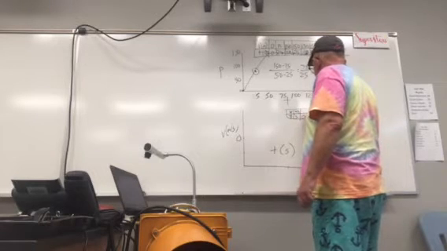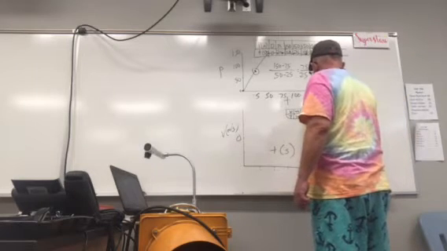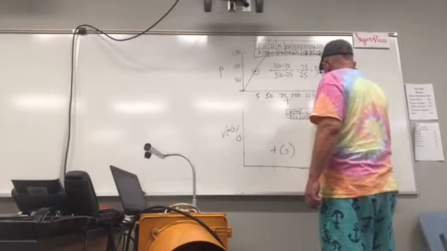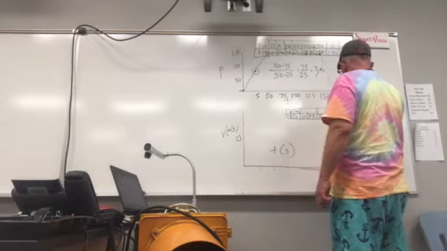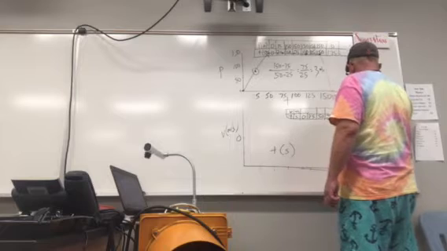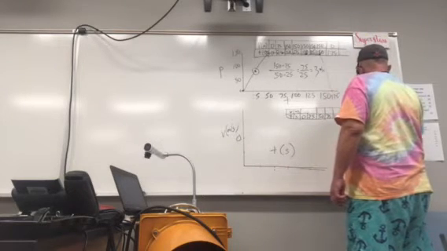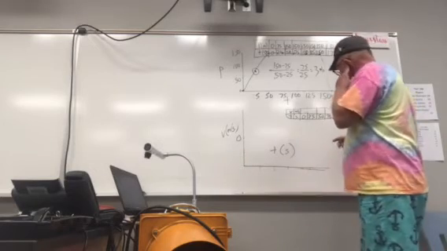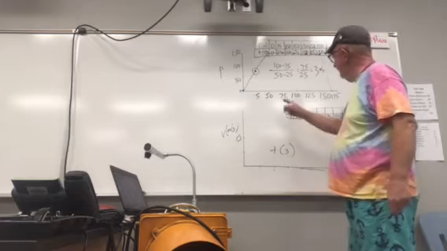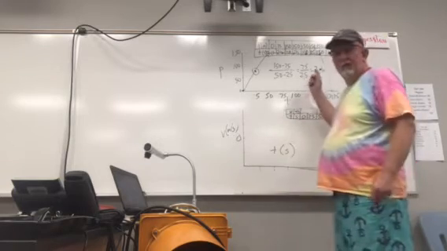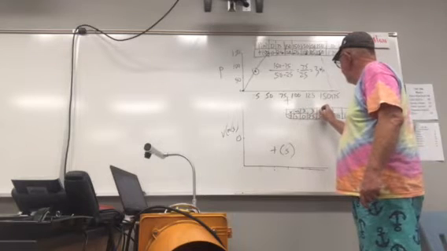So at 0, we'll do the same time increments. 0, 25, 50, 75, 100, 125, 150, and 175. There we go. So from 0 seconds to 50 seconds, my velocity is 3, 3, 3.